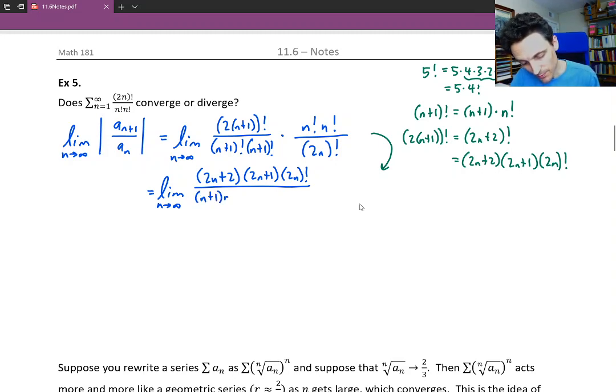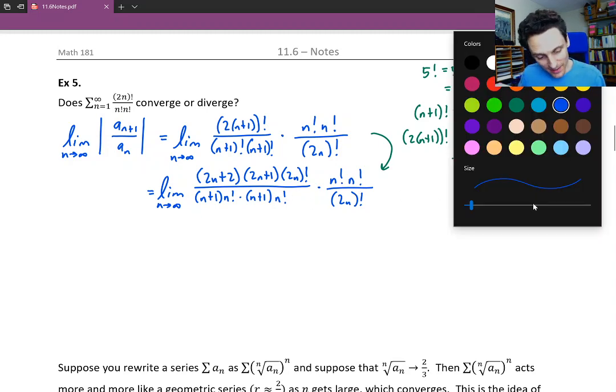Each one of those we popped off an n plus 1, and we're left with n factorial. And then the rest of it, the reciprocal of the a sub n's. It looks like that. It stays the same.